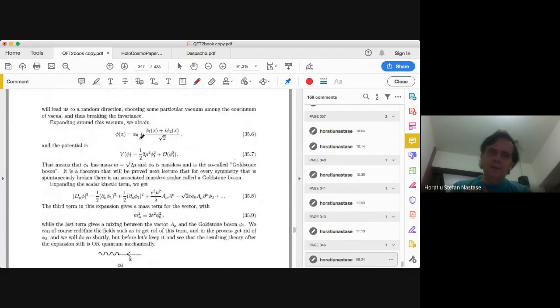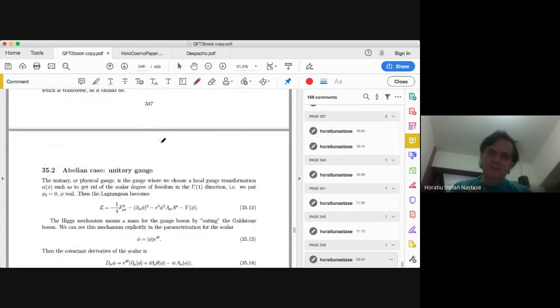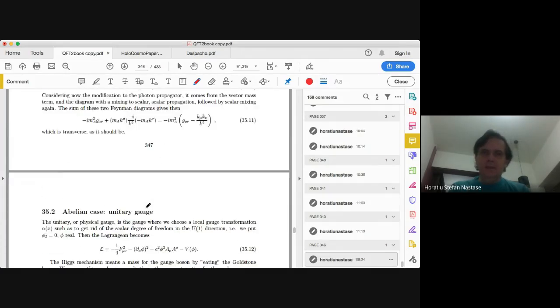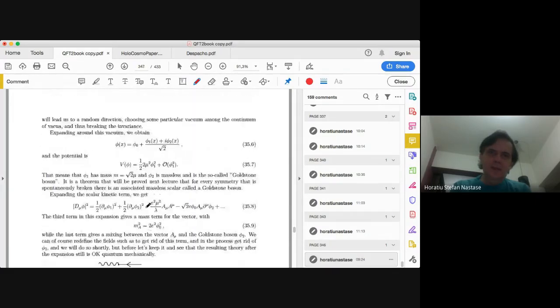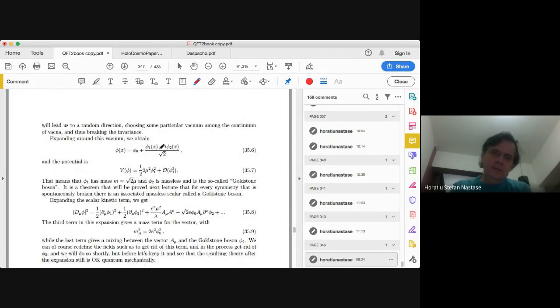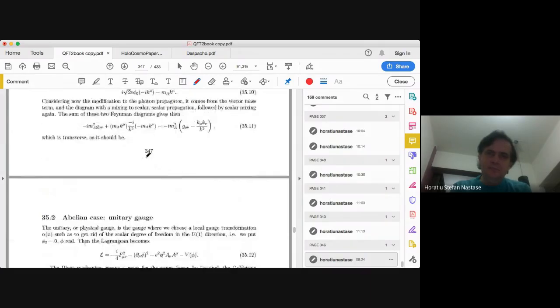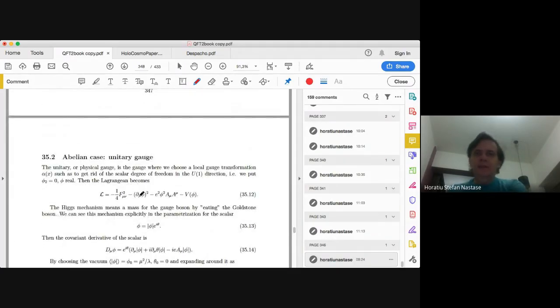So I just called φ0 plus φ1 over square root 2, φ. Since φ2 equals 0, this is still φ. So the kinetic term then is minus (∂_μ φ) squared, plus minus e squared φ squared A_μ squared, minus U of φ.